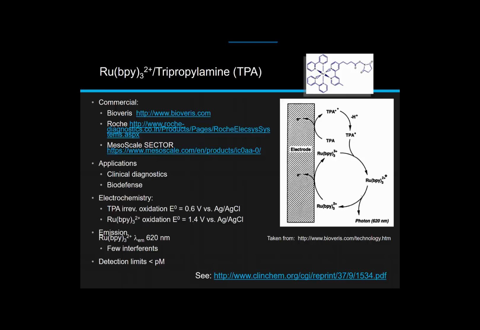And NHS ester labeling, this using N-hydroxysuccinimide, it's frequently a reagent that's used in biological chemistry to make attachments to amino groups under slightly alkaline conditions in water. And why do we want to do that? Well, amino groups are ubiquitous. They're commonly found in peptides, which are the building blocks for proteins, and important biological materials.